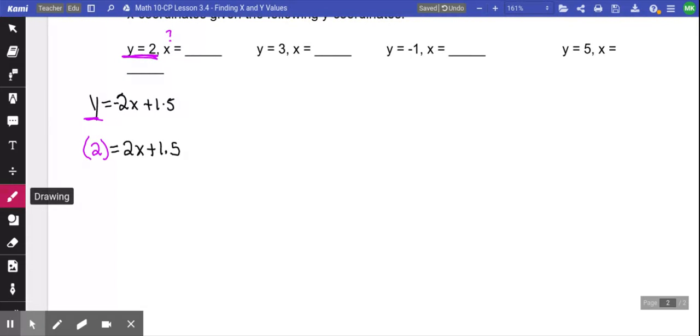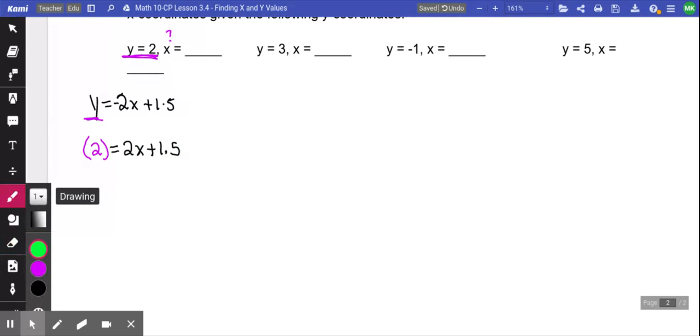We did do this in Math 9. So the way that you isolate x or get x all by itself is by moving this 2 and moving this 1.5 so that they're on the other side of the equal sign. You always have to move the additions and the subtractions first.